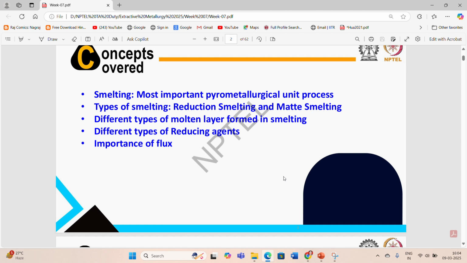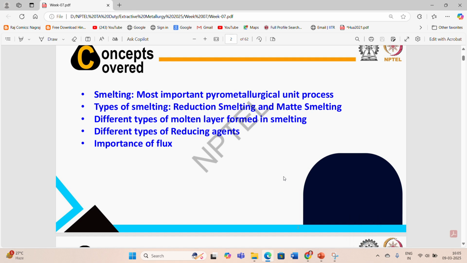We have learned about different sulfidation, different types of roasting processes, and the predominance area diagram, which is used during the roasting process of the sulfide ores to convert them into, sometimes, sulfates. Sometimes we have to convert them into higher sulfides or into oxide materials.